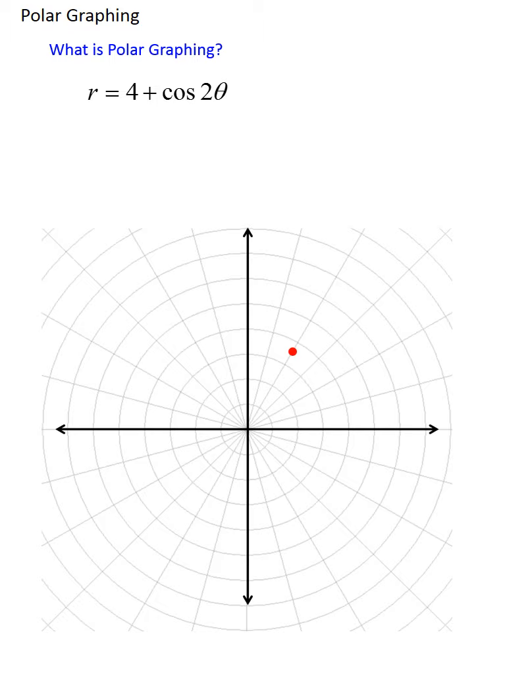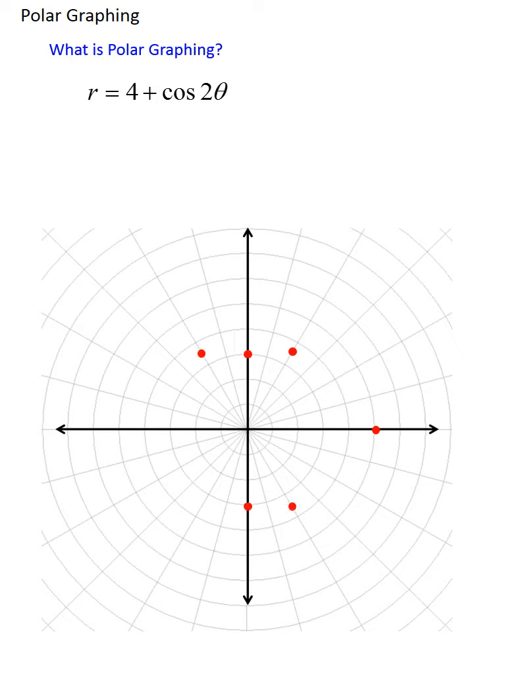Now imagine that we were to continually do the process we just did. I won't show the algebra, but what if I picked a different theta and computed the r value and plotted that point? And then what if I picked another theta value, computed the r value, and plotted that point?